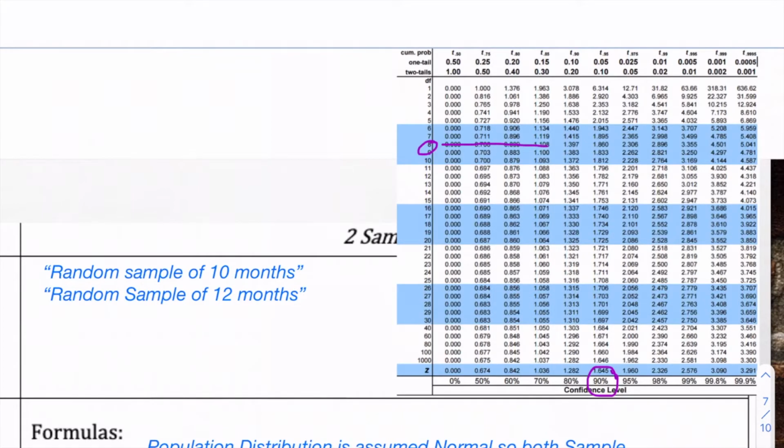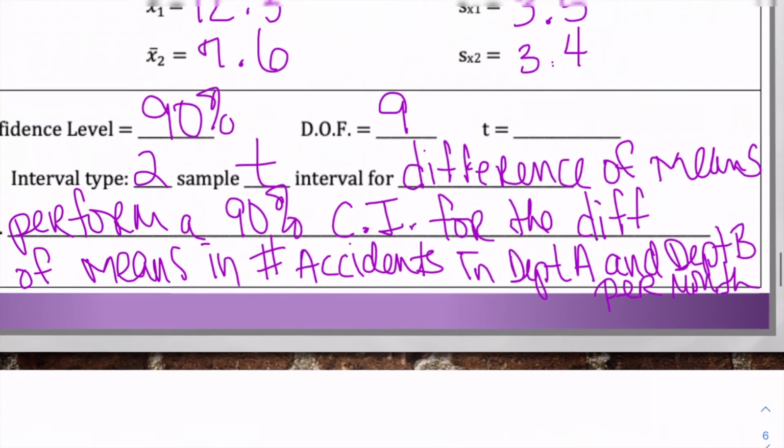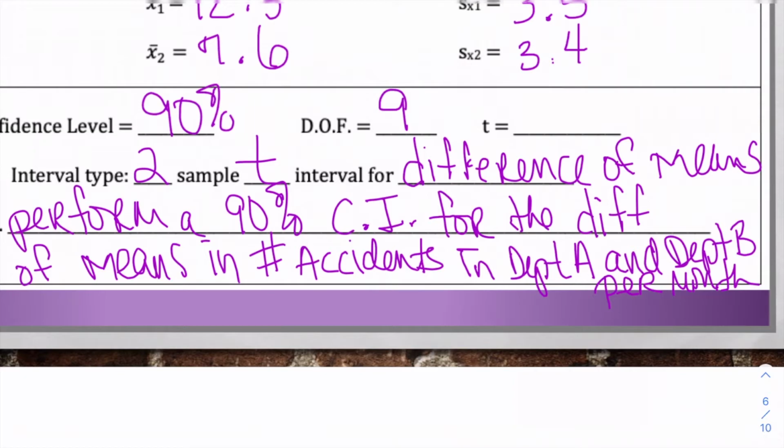So we're going to follow that over to 90%, and we get 1.833. So going back up here, our t star is going to be 1.833.